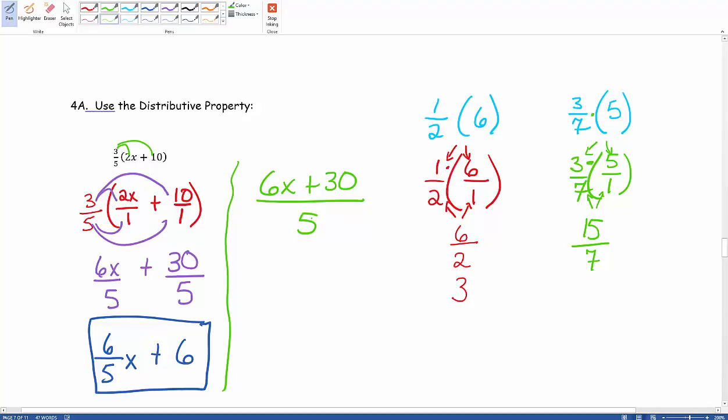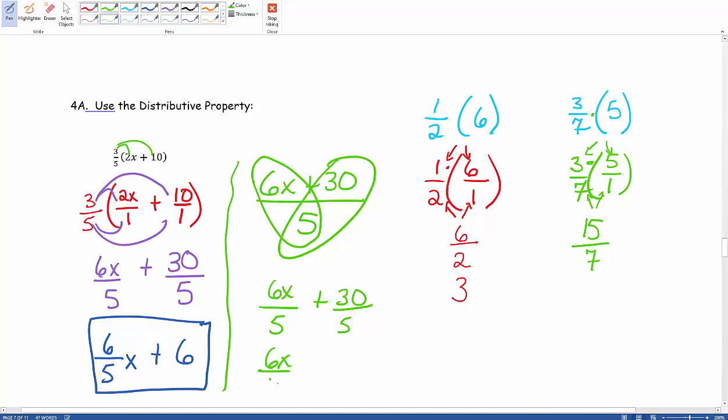Notice we can simplify this down, giving us 6x over 5, and then 30 over 5 as well, which again gives us still the exact same thing. Nothing's changed. This is just a different approach if you wanted to multiply using the distributive property, really because the denominator here is just 1. So this is the slightly shorter way.